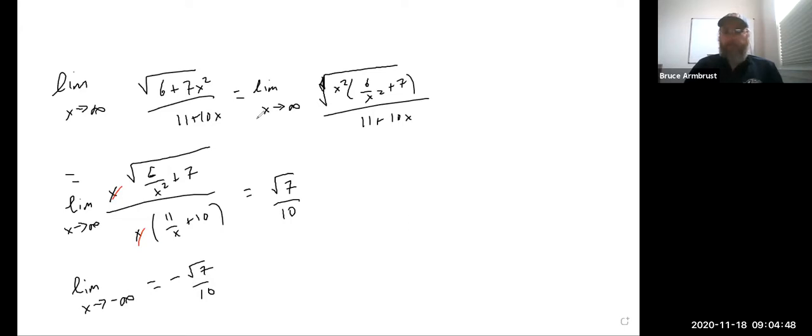And that's because technically, when we pull out that x, it needs to be in an absolute value. And the absolute value of x over x is either 1 or negative 1, depending upon which side we're in. So up until Monday, this would have been how we'd have done these problems.